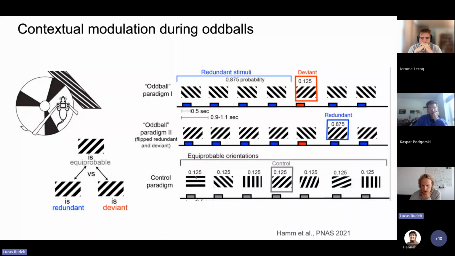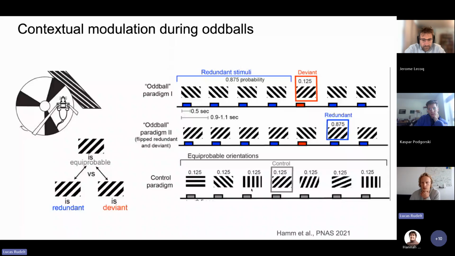And then there's a control paradigm, which is similar to our orientation or direction tuning paradigm, where the same stimulus occurs at random, in a random sequence.